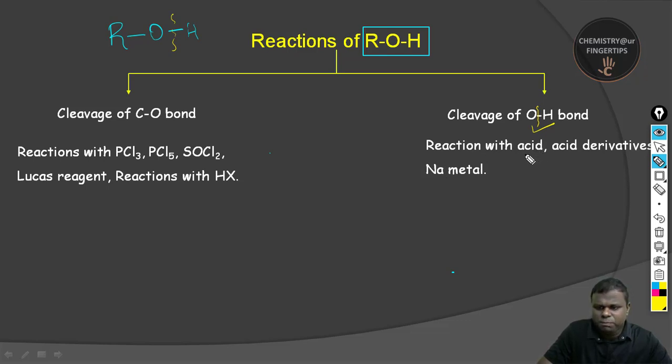Okay, तो इसमें हम पढ़ेंगे reaction with acid, reaction with acid derivatives and reaction with sodium metal, and again they are very easy sections. Okay, तो जो दूसरा सेक्शन है in this case the cleavage is carbon oxygen bond.